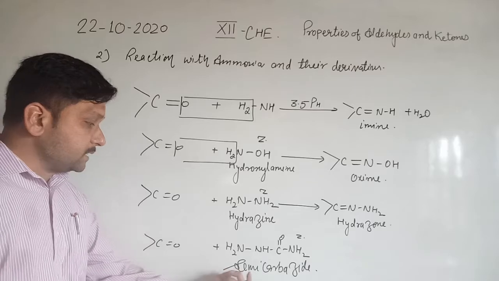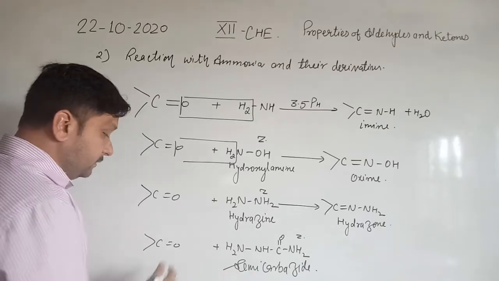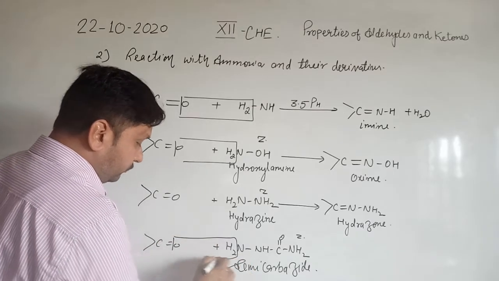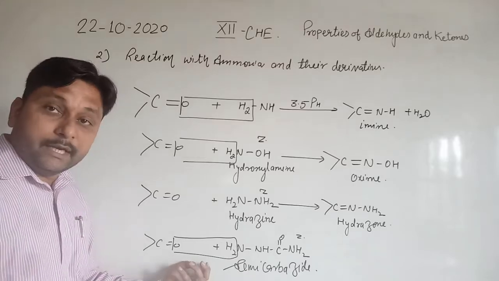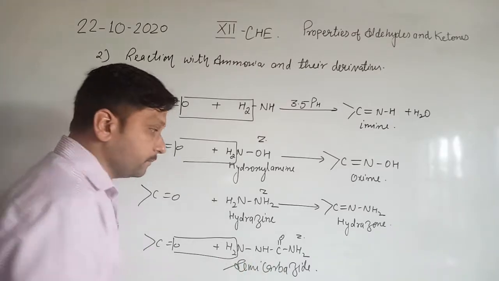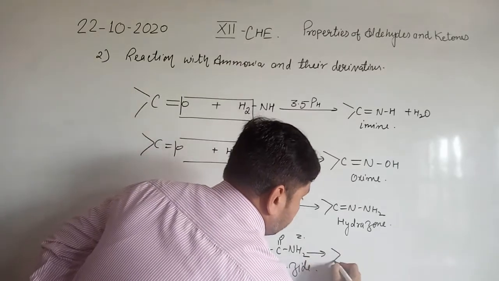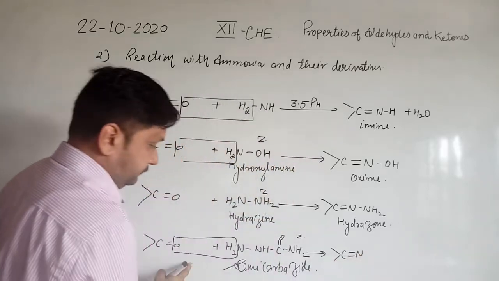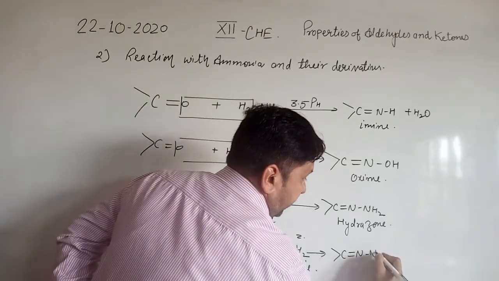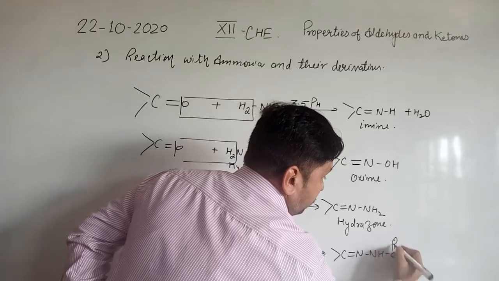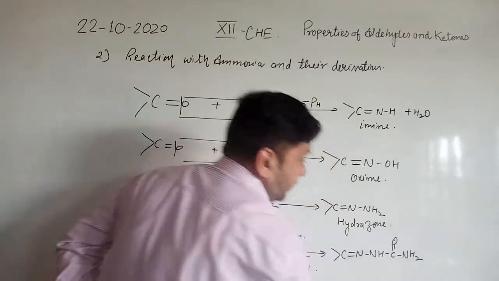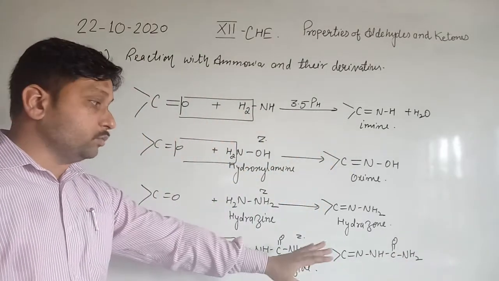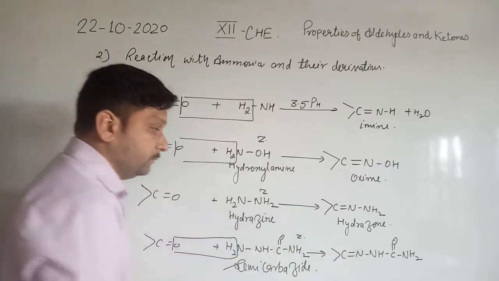In the same manner, semicarbazide, after the removal of one molecule of water, converts into semicarbazone: C double bond N bond NH bond CO bond NH2, and this compound is known as semicarbazone.